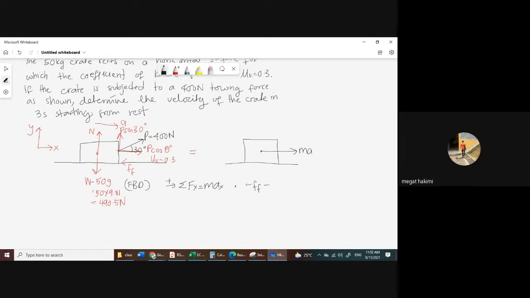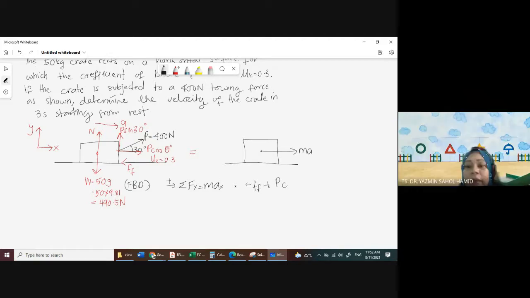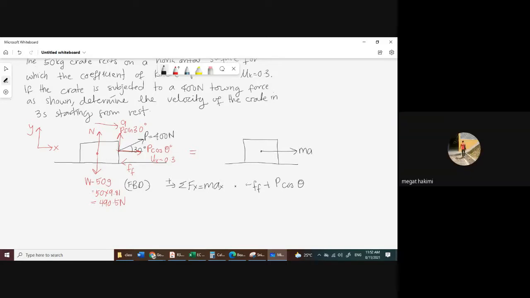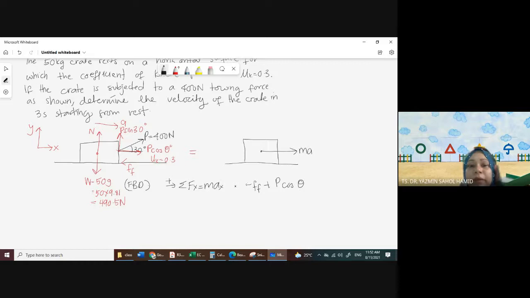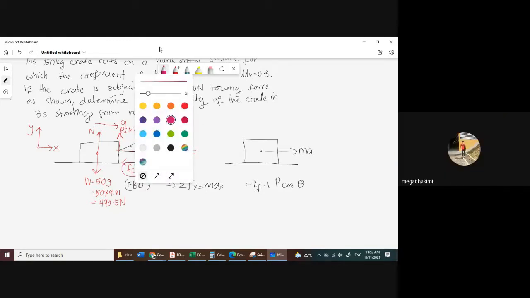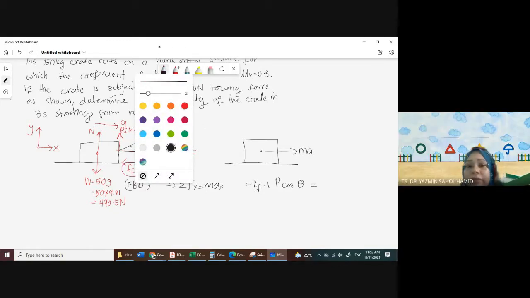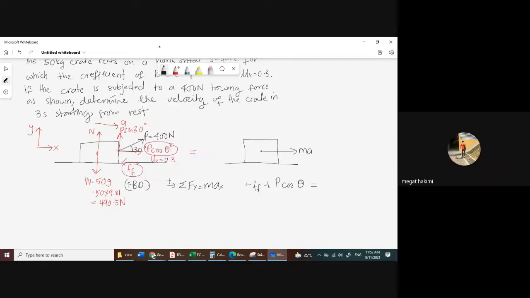Plus P cos theta. Yes, anything else? Where else? Why plus P? There is none. You just look in the x direction. This is in the x direction and this one in the x direction. No more, right? There it is. Equals to what, Megat? You should, ma.